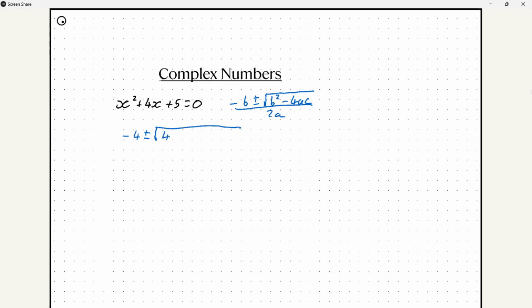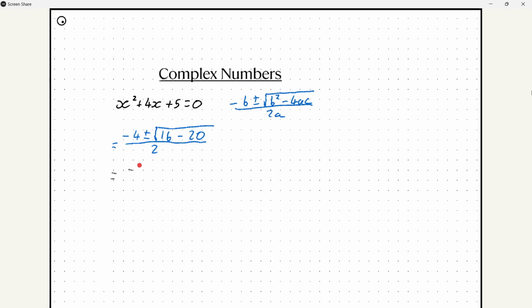Or actually, I'll just change that to 16, minus 4 times 1 times 5, which is 20, over 2 times 1.